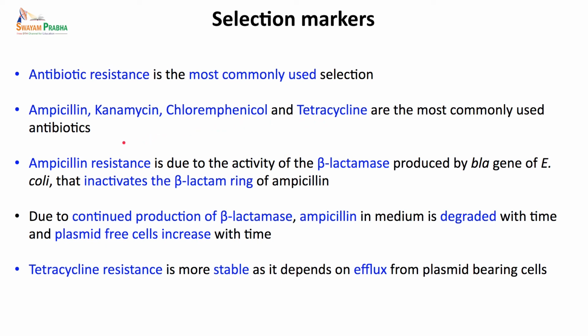Now, when ampicillin resistance is used, the recombinant cells, the cells containing the plasmid, will develop resistance to ampicillin. This resistance is because the bacteria will produce the enzyme beta-lactamase, which is encoded on the plasmid. And this beta-lactamase will degrade the ampicillin.